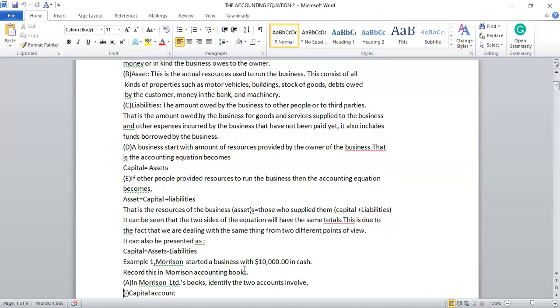So in the accounting double entry concept, there is no transaction that can be recorded singly. Every transaction has to be recorded twice because there is one giving and one receiving. So the double entry principle simply means that the transaction should be recorded twice. I hope you understand me.